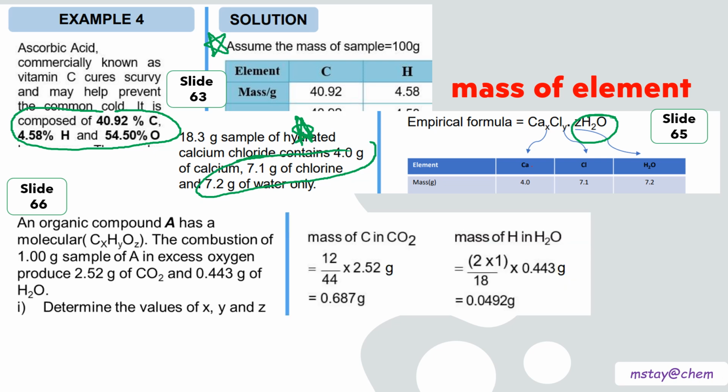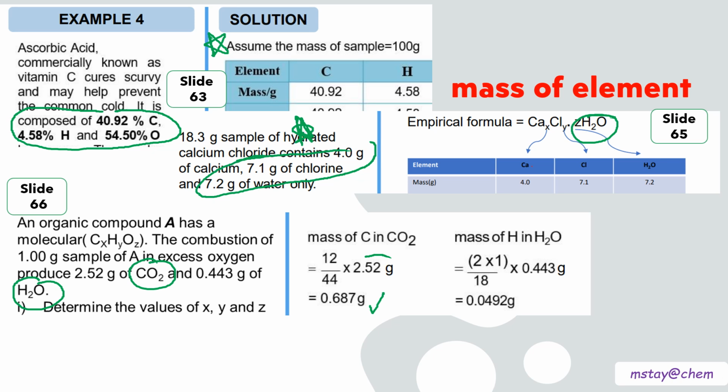Okay, another type of question that will be given is like this. Slide 66, they give you the mass of carbon dioxide and also mass of water. From the mass of carbon dioxide and mass of water, we can use 12/44 multiplied with the mass of sample of carbon dioxide to get the mass of carbon.